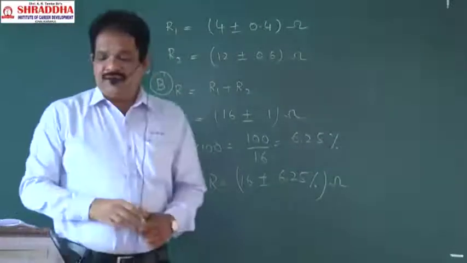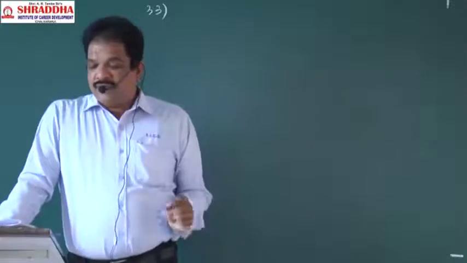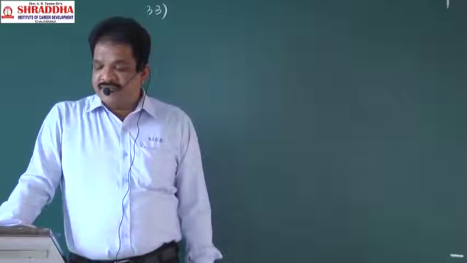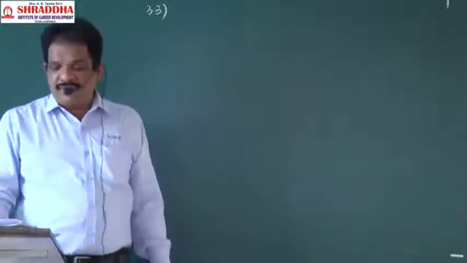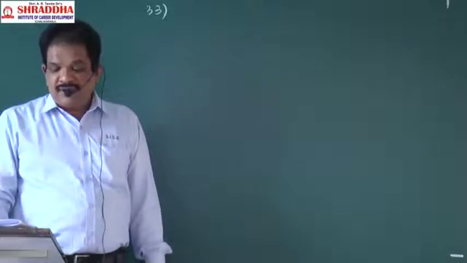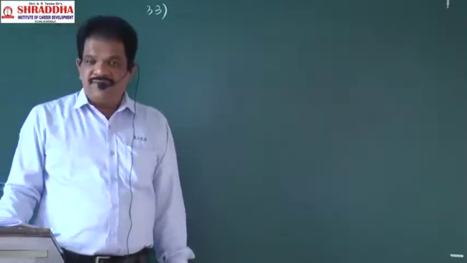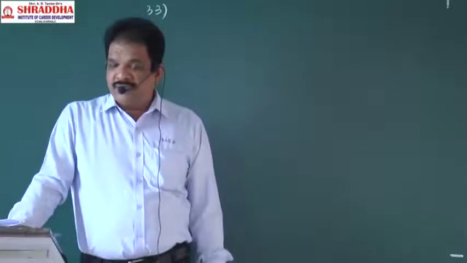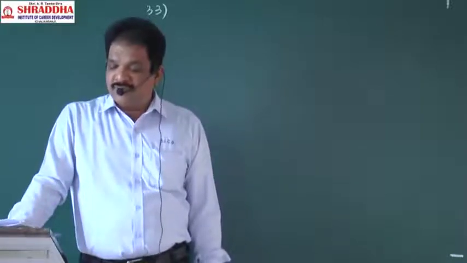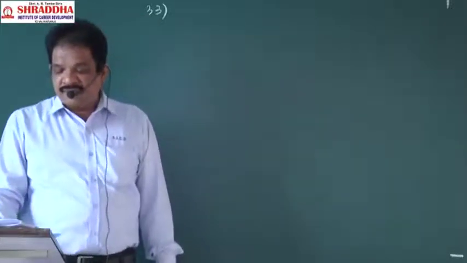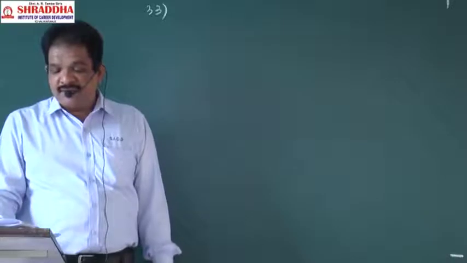Next 33. Student obtain the value of Young's modulus of steel as 1.9 into 10 power 11 Newton per meter square, while the standard value of Y is 2.1 into 10 power 11 Newton per meter square. What is the percentage error in the measurement?